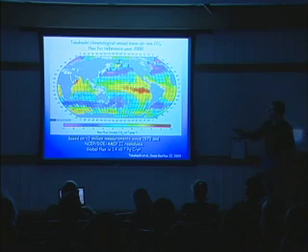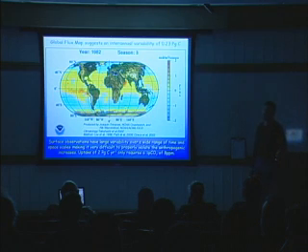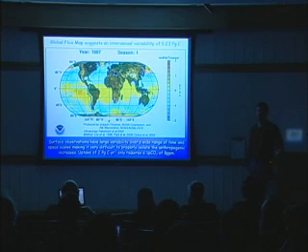But this is just a static picture based on 40 or more years of CO2 observations. And the CO2 is not really a static thing. It actually varies quite a bit by season and spatially. So it's quite a challenge to get enough measurements to measure all these changes.